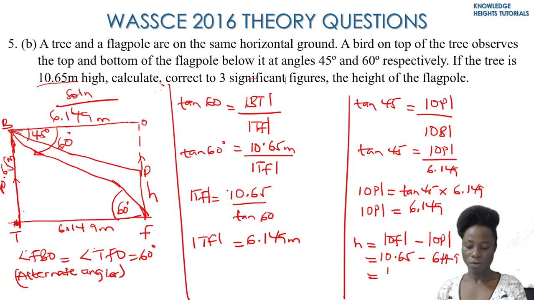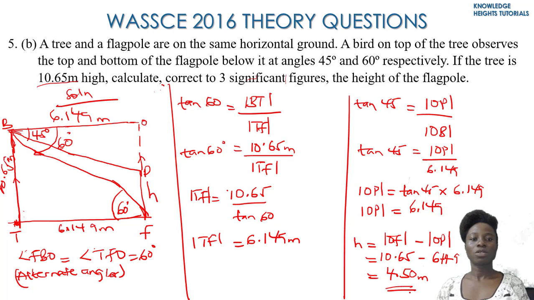And you're going to get 4.50 meters. Remember to three significant figures. So that is that for the height of the flagpole.